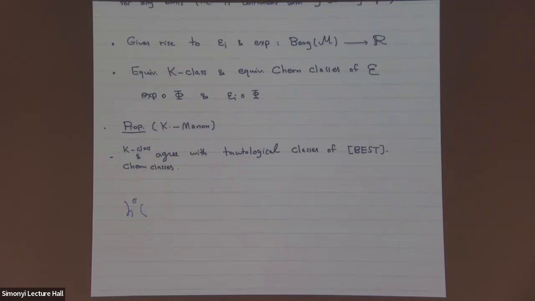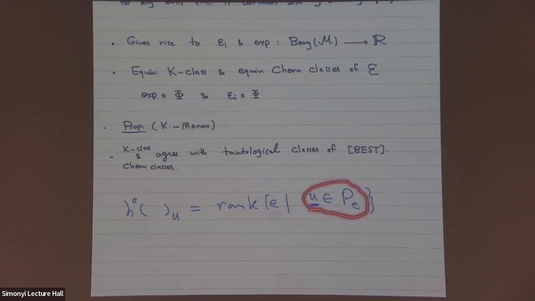H0 in general is a sum over all lattice points of the rank of the subset of the matroid whose corresponding polytopes contain that character. Sorry, this is the U weight. So the rank of the U weight sections is the rank of the subset of the matroid for which the corresponding polytopes contain U. Does it make sense?